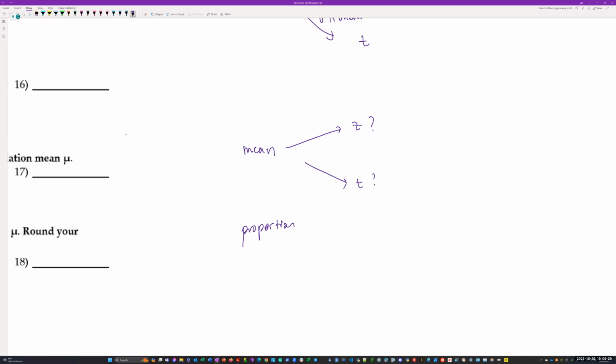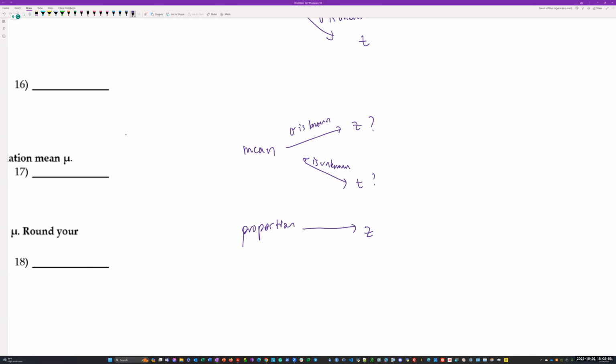You gotta be careful with that, okay? So if sigma is known or given, we do Z. If sigma is unknown or we don't know what it is, we're gonna have to do T. I didn't say anything about this when we do proportions, because we can always know what the standard deviation is for that, because it's just square root of p hat q hat over n. So it's never gonna be unknown.